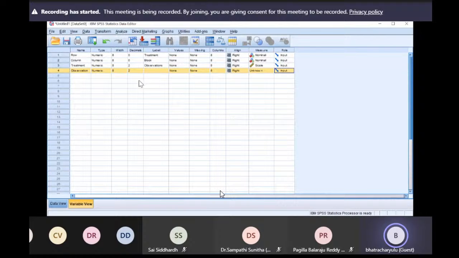And this treatment, the decimal value is 0. And this is not observation. You write as treatment. Label as row, and the second one as column.